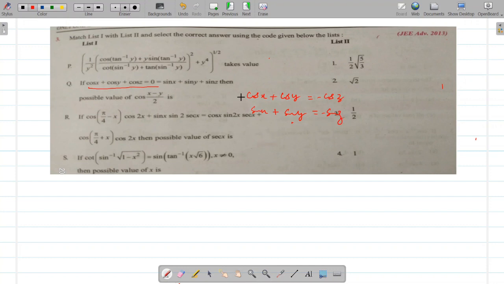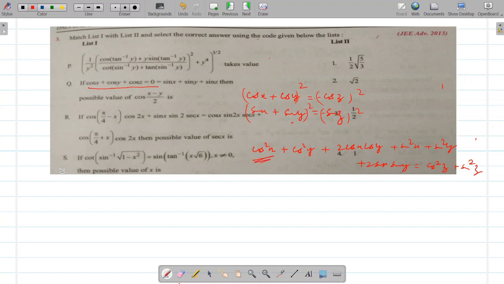And then squaring both sides and adding, we will get cos square x plus cos square y plus 2 cos x cos y plus sin square x plus sin square y plus 2 sin x sin y is equal to cos square z plus sin square z.